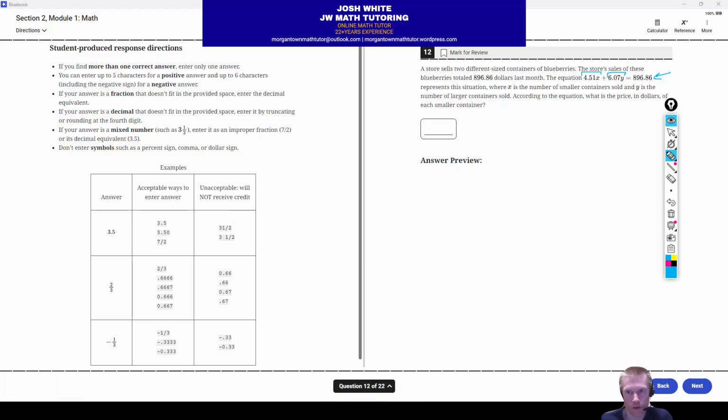So the total dollars are going to be the price of a container times the number of containers sold. And that's what the X and the Y stand for. Number of large containers for Y, number of smaller containers for X. So what is the price? Well, the price for the small is going to be this number right here. It's just the 4.51 that you multiply by the number of containers sold to get the total dollar value.